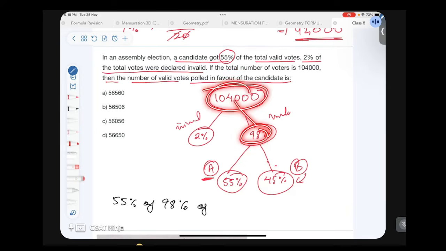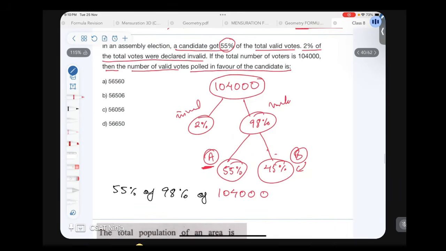Of 104,123. If I simplify, 55% means divided by 100, of means into 98, and percent means I can write it divided by 100, into 104,123. Please solve this one.